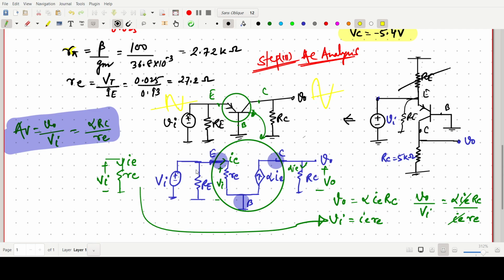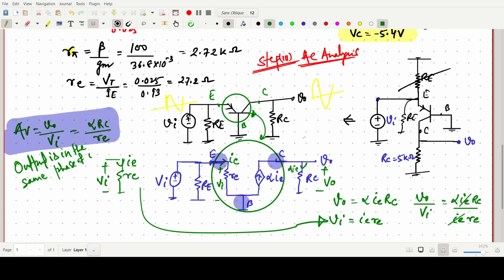So here we can easily say the voltage gain is positive, which indicates the output is in the same phase as the input. This positive quantity, alpha RC by RE, shows the output and input having the same phase.